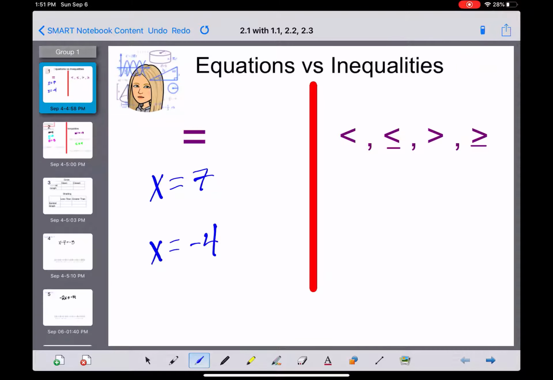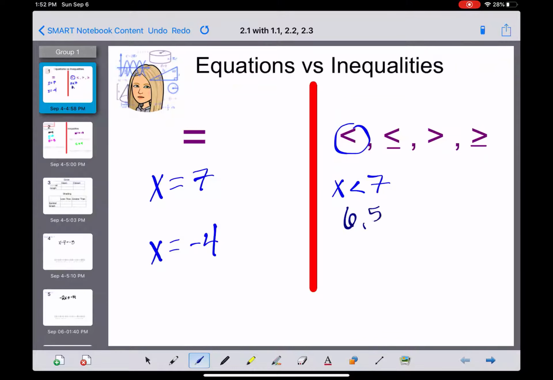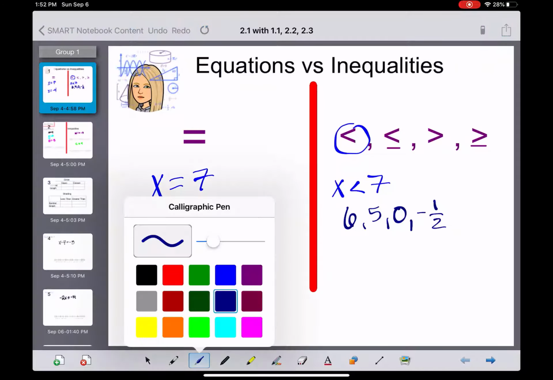So for example, if we're looking at our less than symbol, x is less than 7. That includes all numbers that are smaller than 7. So 6 is a solution, 5 is a solution, 0 is a solution, -1/2 is a solution. There are multiple solutions because of the inequality.